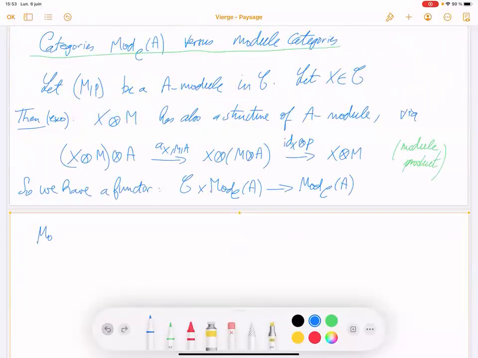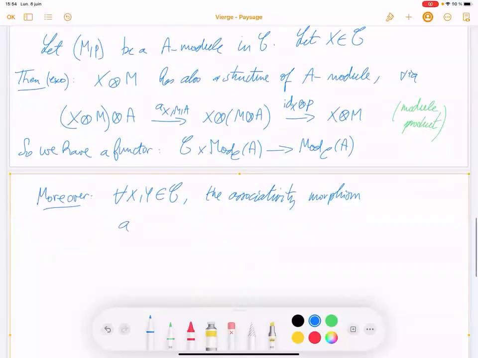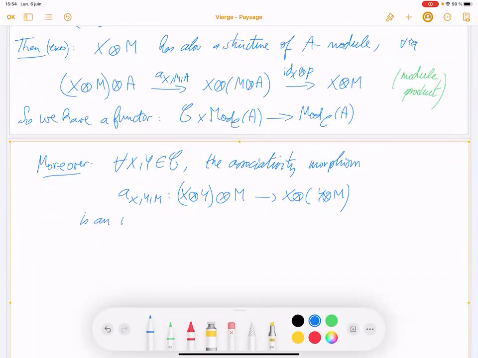For all objects X and Y in the multi-tensor category C, the associativity morphism M_{X,Y,M} from (X tensor Y) tensor M to X tensor (Y tensor M) is an isomorphism of a module.